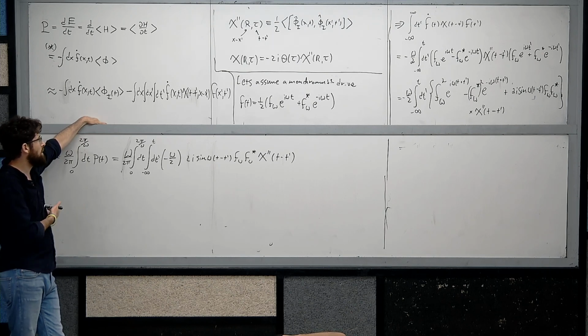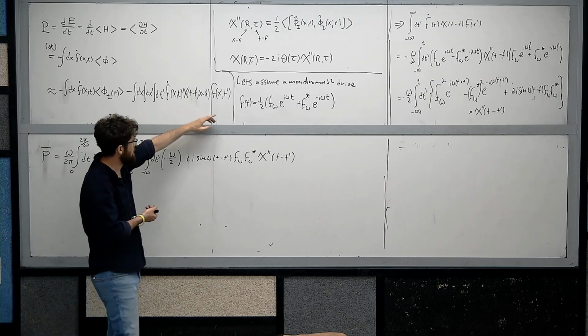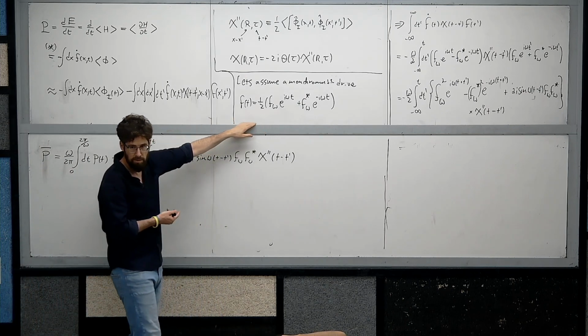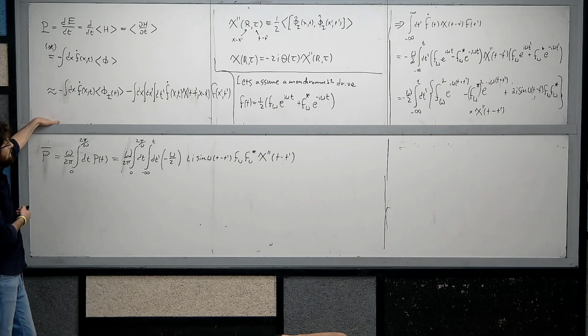But the chances that it would have a frequency that exactly matches this frequency would be small. So yeah, you might get some delta function. I need to think about that. But in the general case, assuming that there is no resonance or anything like that, it would just average out to 0.